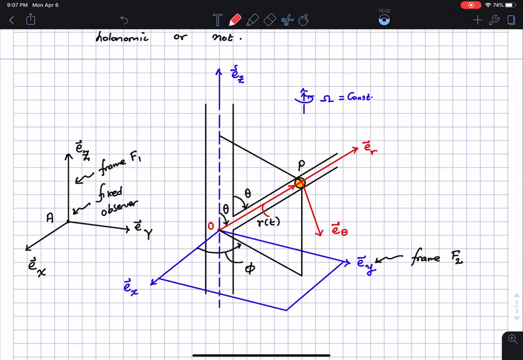And then I'm going to have the third direction, which is the E phi direction, which is perpendicular to the line that is drawn on the XY plane. I'm just going to draw that line first here. This is the direction E phi. I'm going to draw a parallel line.